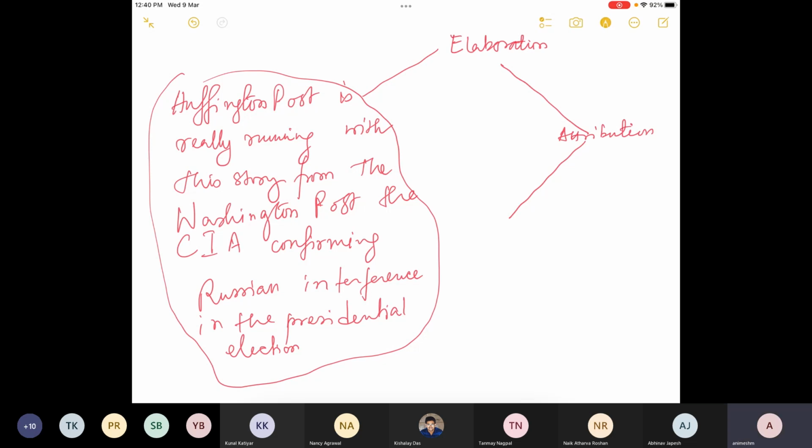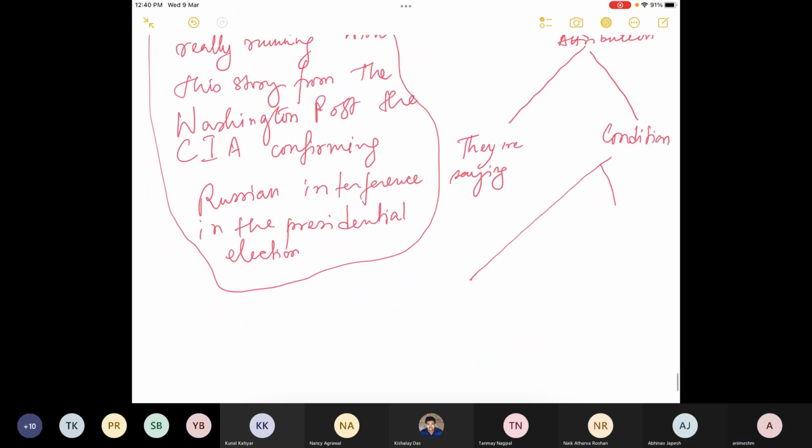The following sentence is an example of attribution, because you are attributing it to someone. And then there is a condition on the attribution. What is the condition? It is 100% true.